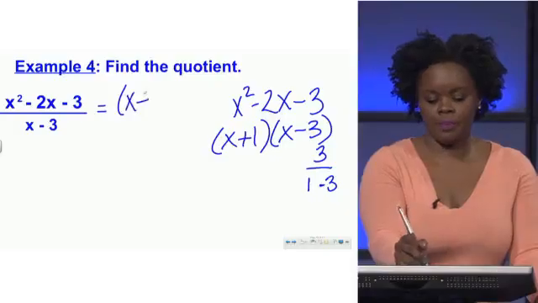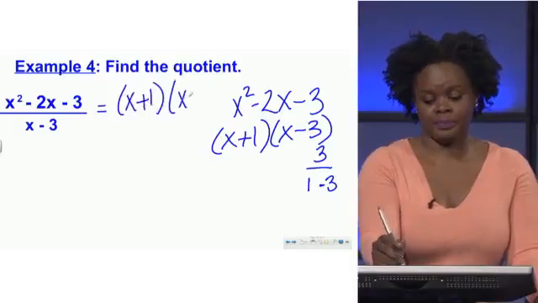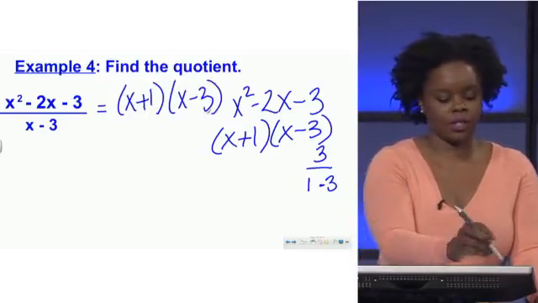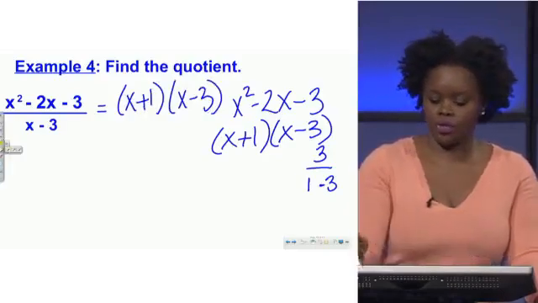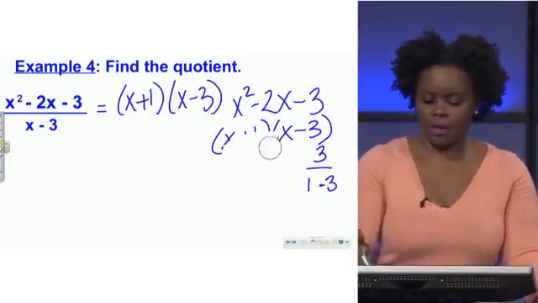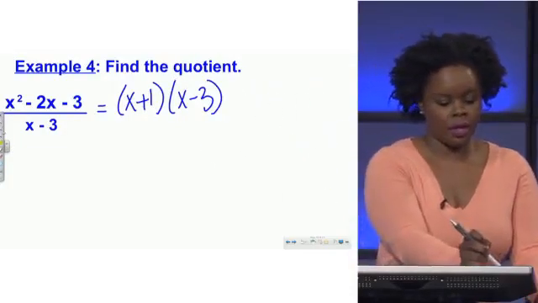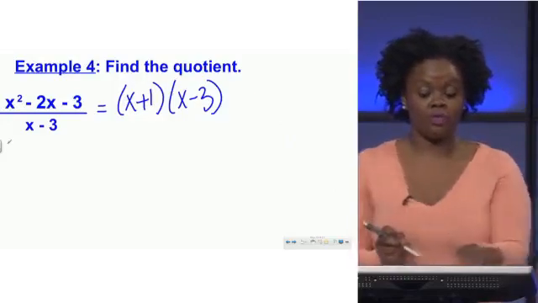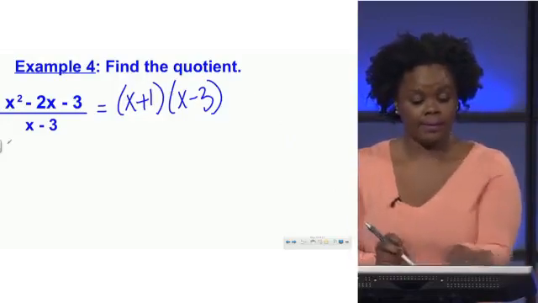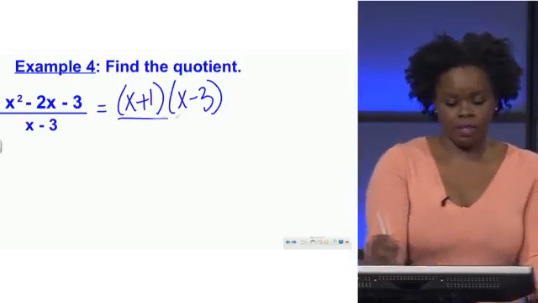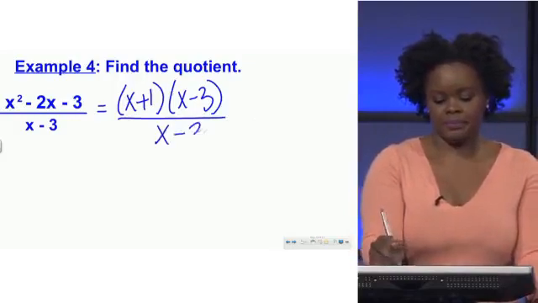Okay, so I'm going to replace that numerator with x plus 1, x minus 3. I'm going to get that scratch work out of our way so things don't get too cluttered up here. Okay. So I've replaced the numerator and I've written it by its factors instead. And my denominator is still my denominator, still x minus 3.